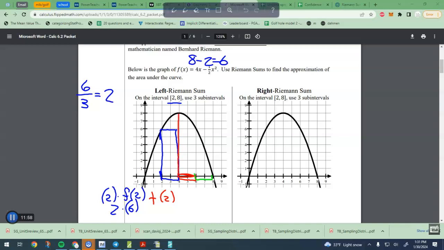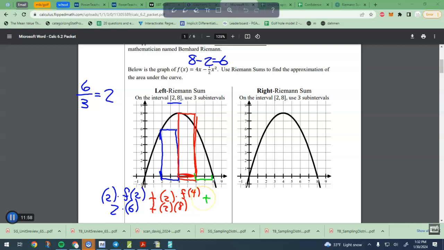So I pretend that's the height the entire time. It's an overestimate now because the function is decreasing. And this will be 2 times f of 4. And in this case, I can tell f of 4 is 8. But if I couldn't tell by looking, or if I didn't have a graph, you just plug into the equation.